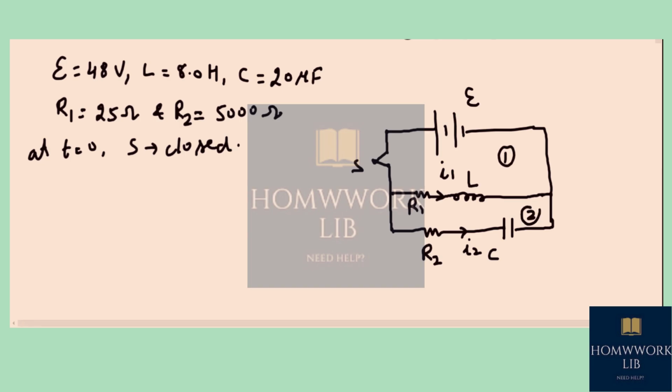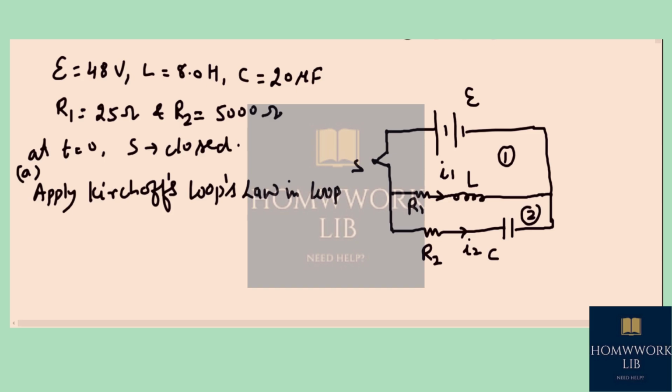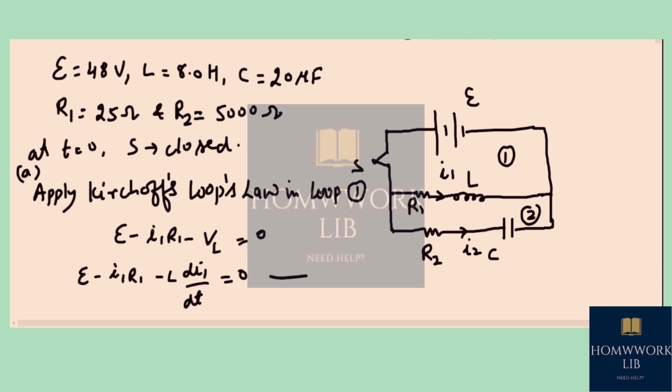First, in loop 1, that is EMF minus I1 R1 minus potential across inductor to be 0, and potential across inductor will be minus L di1 upon dt. Say this is equation 1.